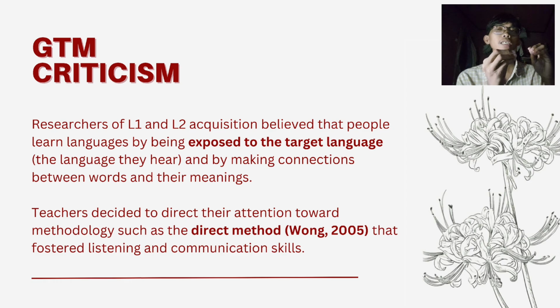Also, educators emphasize the importance of communication and the development of oral and comprehension skills. Because of the emphasis on the memorization of grammatical rules and translation, and the lack of attention to the development of comprehension and speaking proficiency, this methodology was rejected.